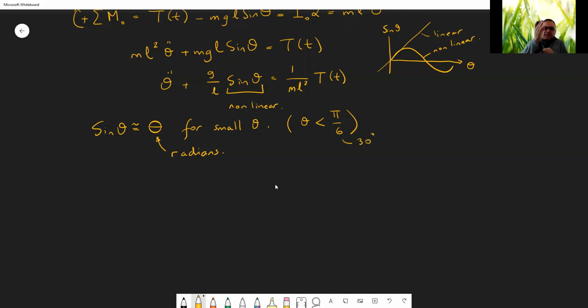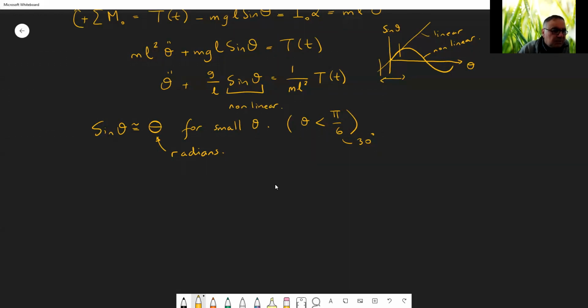So if theta is below 30 degrees, you can approximate sine theta as theta, also for negative values. In this range, you are approximately in the linear range. Approximately, not exactly, but the error you make is not too big.